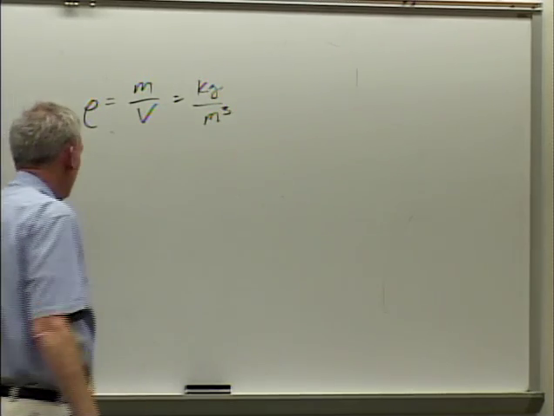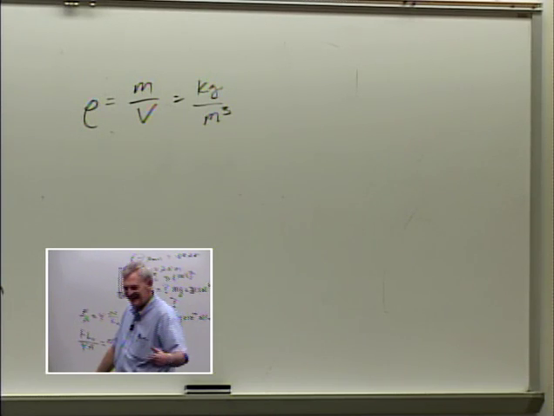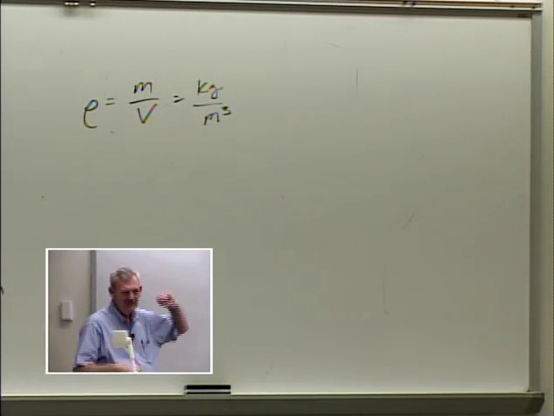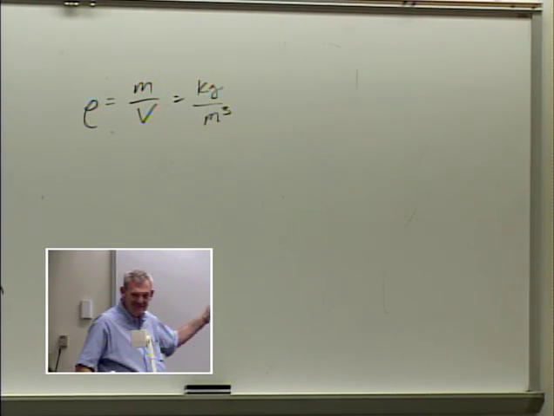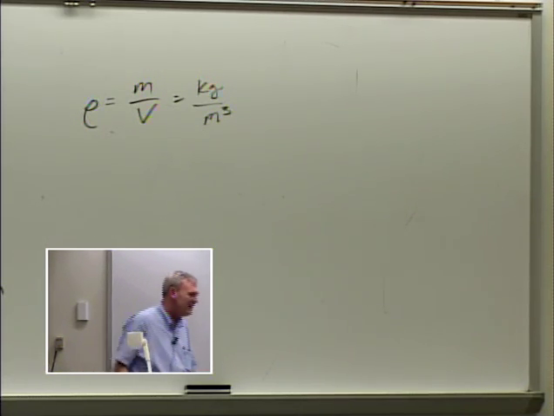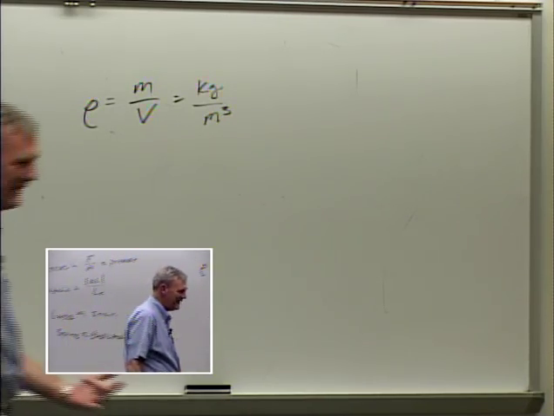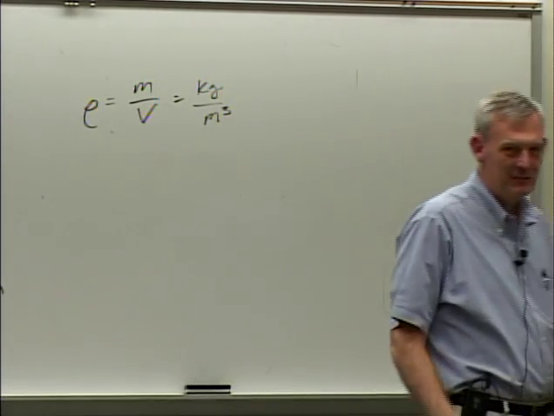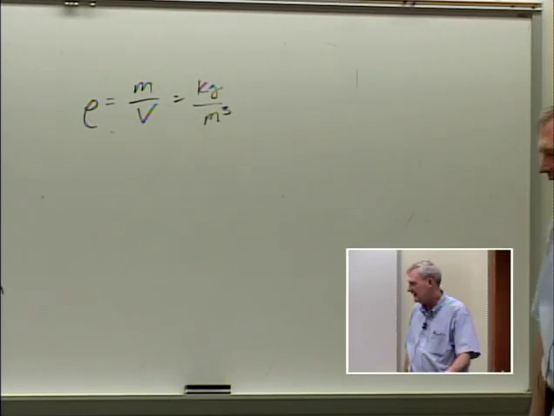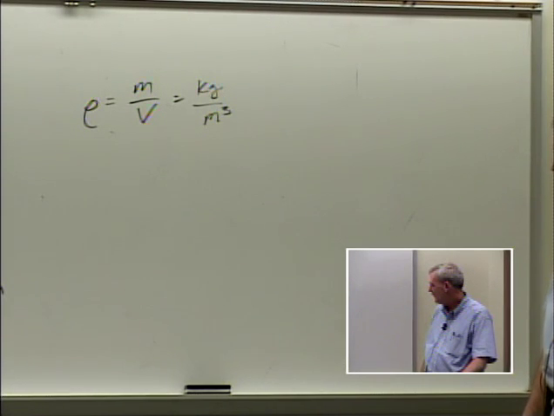Now, this is a test question I guarantee you'll get. You'll get a stretchy problem, and you'll get one of these too. Let's say we've got a gold ball. Or I might give you a cylinder, but I'll give you the equation to find the volume of a cylinder or of a gold ball.